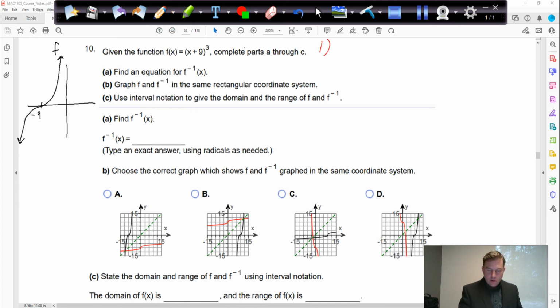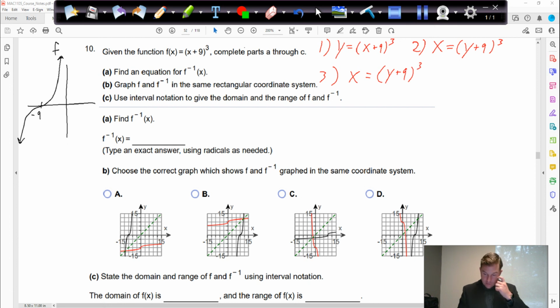So step 1, replace f of x with y. Step 2 is swap x and y, so x equals y plus 9 to the third. Step 3 is solve for this y. So we have to unbury that y.